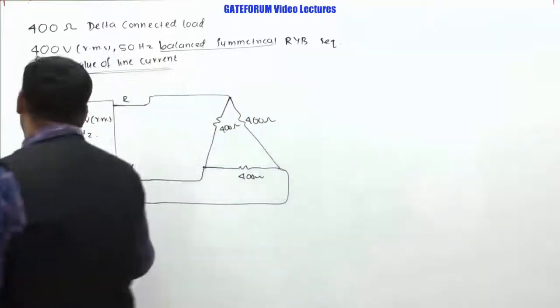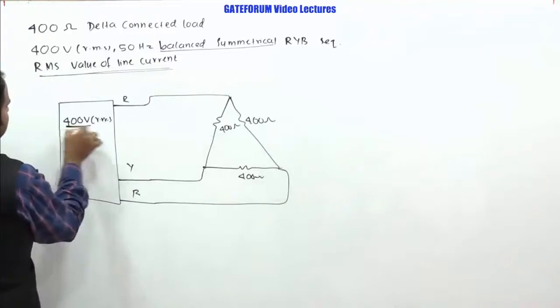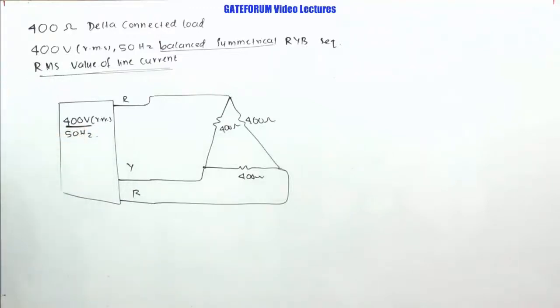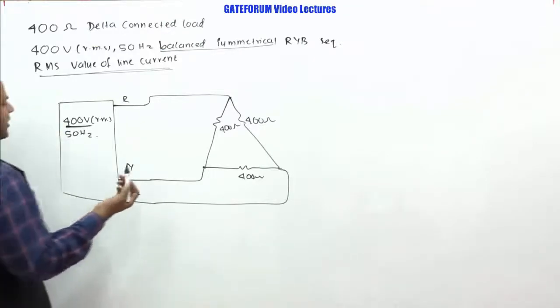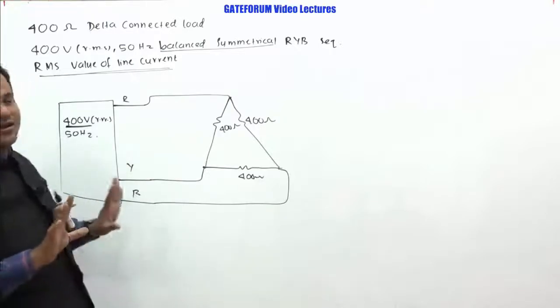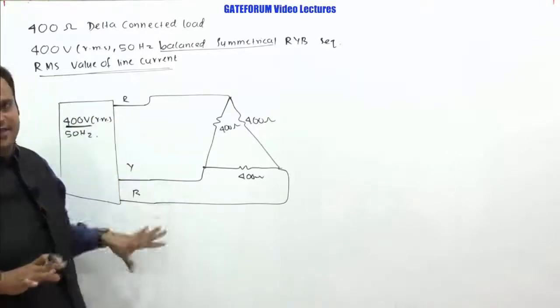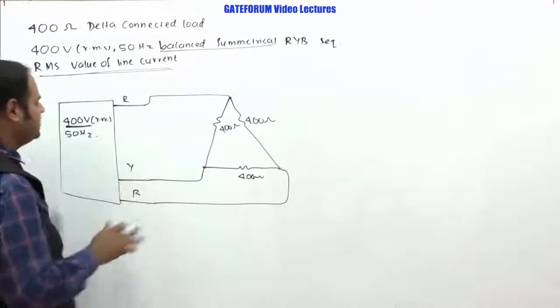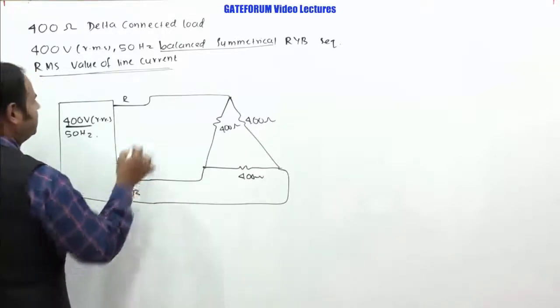Actually this 400 volt which is given is the line voltage. If some of you have a little basics of three phase, this is actually the line voltage information. It can be any line you take because the magnitudes are the same, and in this case we are not concerned regarding the phase. Only with respect to magnitude we can easily solve this problem.